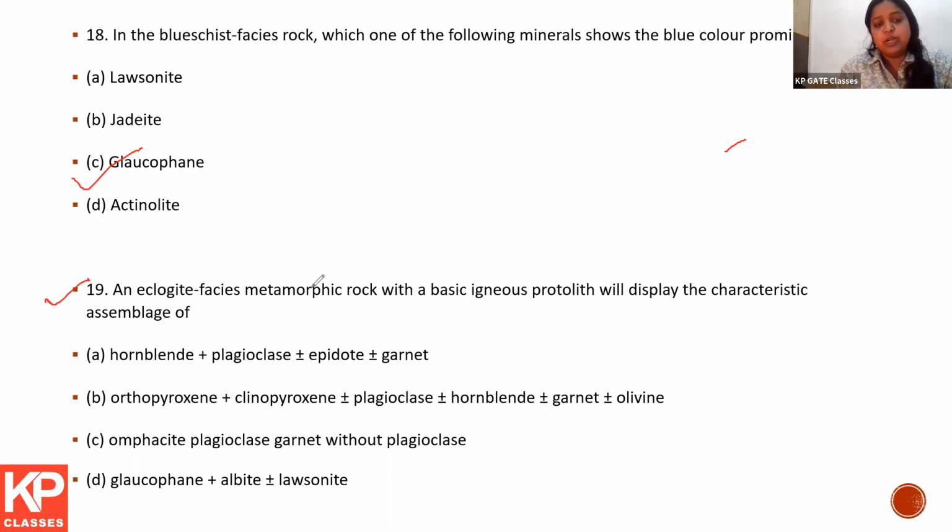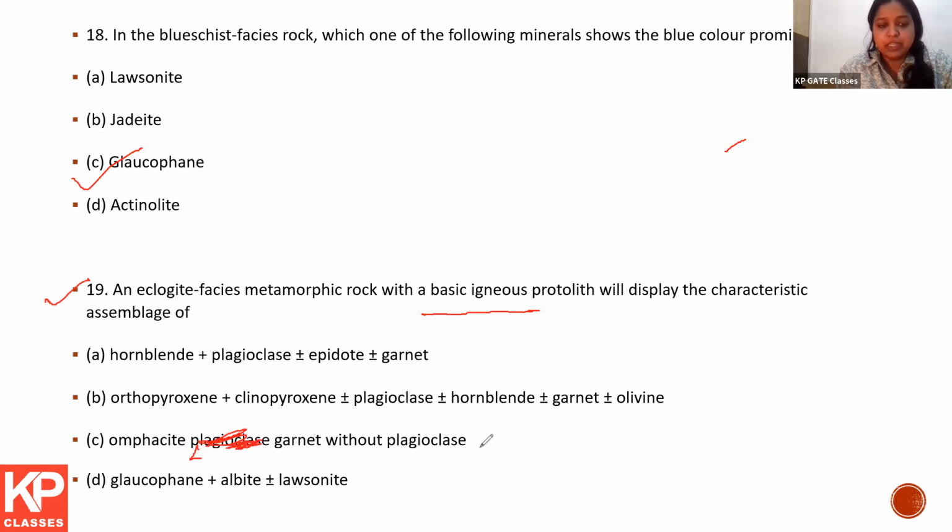Next one: in an eclogite facies, a metamorphic rock with basic igneous protolith will display a characteristic assemblage. So they have said the protolith is basic igneous. Now, look at the options. It is hornblende, plagioclase, epidote garnet; orthopyroxene, clinopyroxene, plagioclase; hornblende, garnet, olivine; omphacite, garnet without plagioclase. Sorry, the option is written wrong.